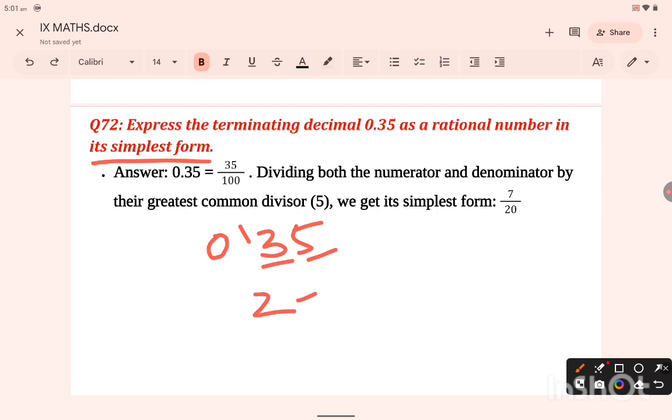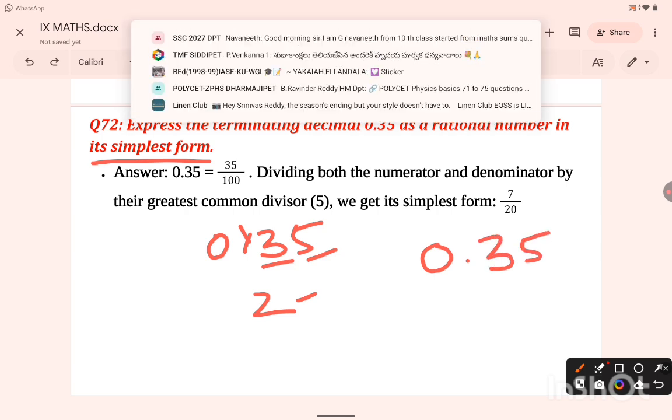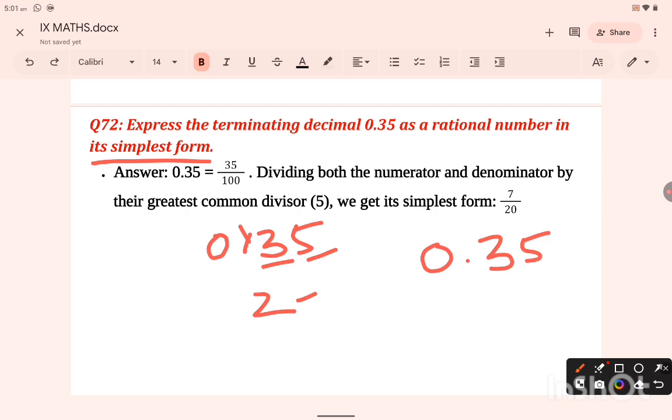When we are removing the decimal point in 0.35, the number of digits in the decimal part is 2, so we keep in the denominator 1 followed by 2 zeros.